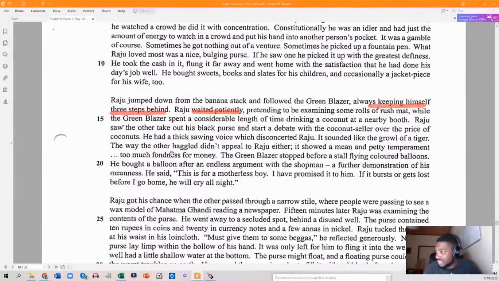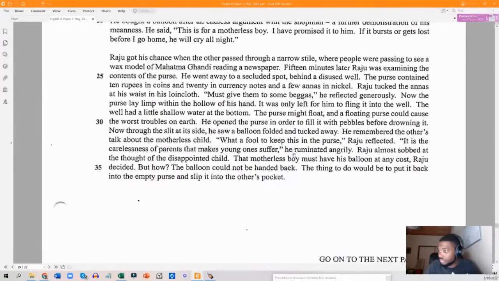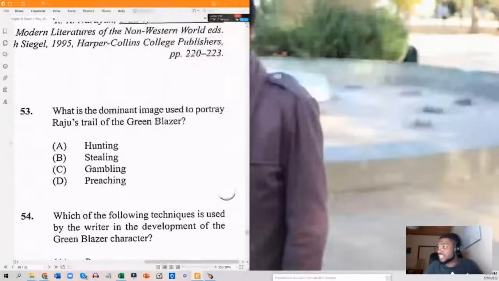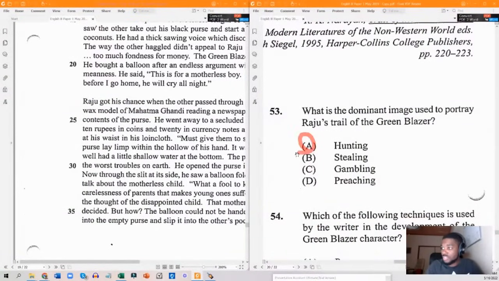Let's see. Hunting. It sounded like the growl of a tiger. What else? Okay, there might be more evidence, but definitely hunting is the main image here. So 53 is A. All right, let's go to 54.